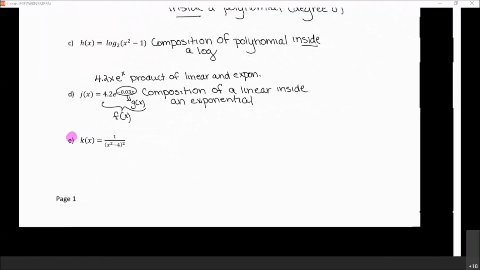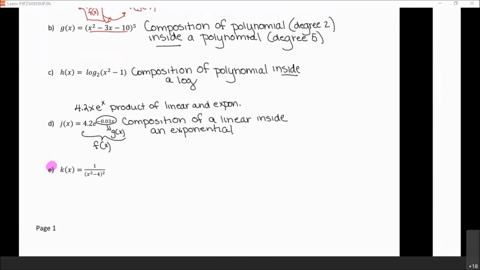What do you think? Product, quotient, or composition? You might want to mentally use some algebra to rewrite it if you can. Think about it for a minute and then vote on one of them. What do you think?